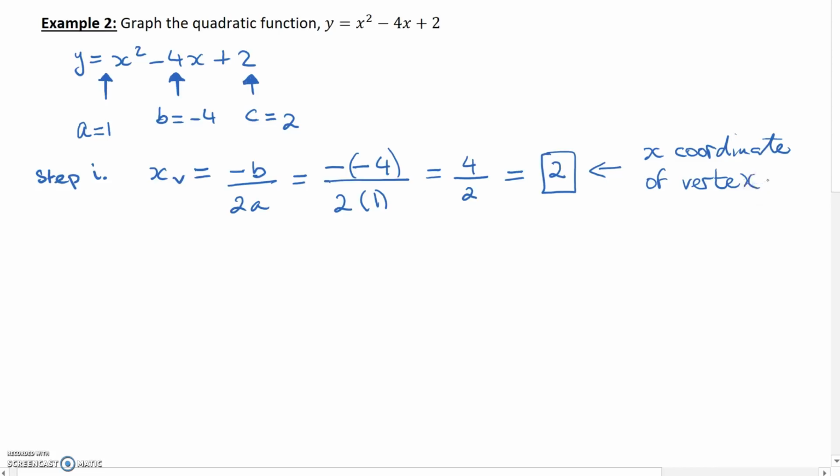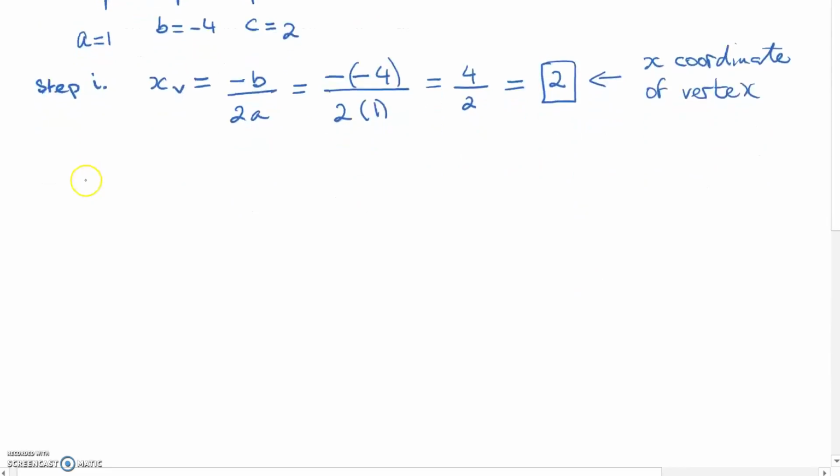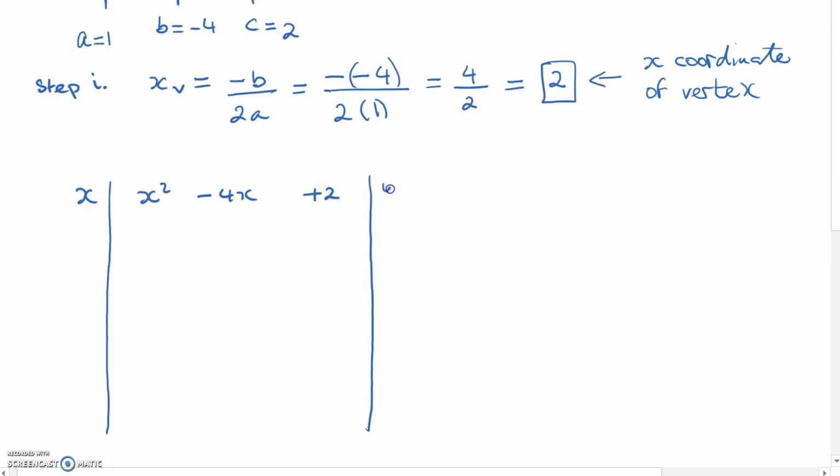And now what we're going to do is draw a table with 3 columns. The first column is going to be x. Then we're going to have a new column with the expression, x squared minus 4x plus 2. And then the final column, which is y.